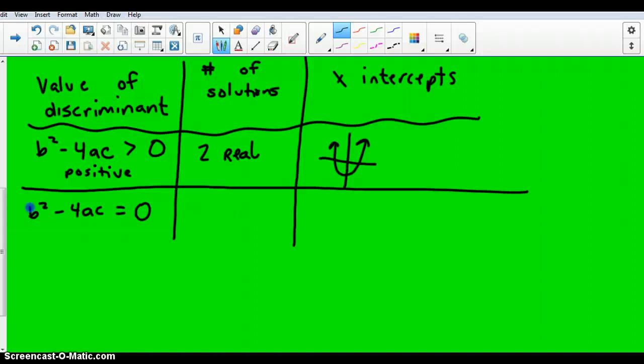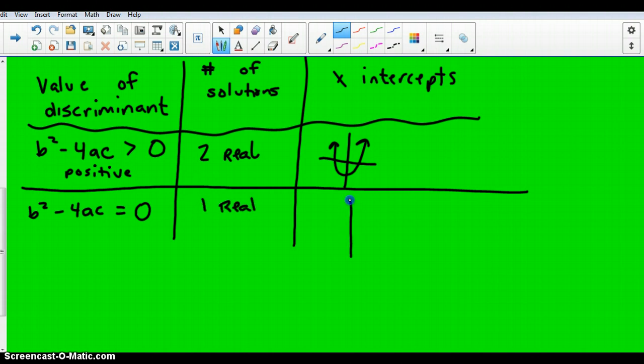What is 4 plus 0? 4 over 8 is 1/2. 4 minus 0, 4 over 8 is 1/2. So how many answers do we actually get? We get one real solution. Okay, so when the discriminant equals 0, we get one real solution.